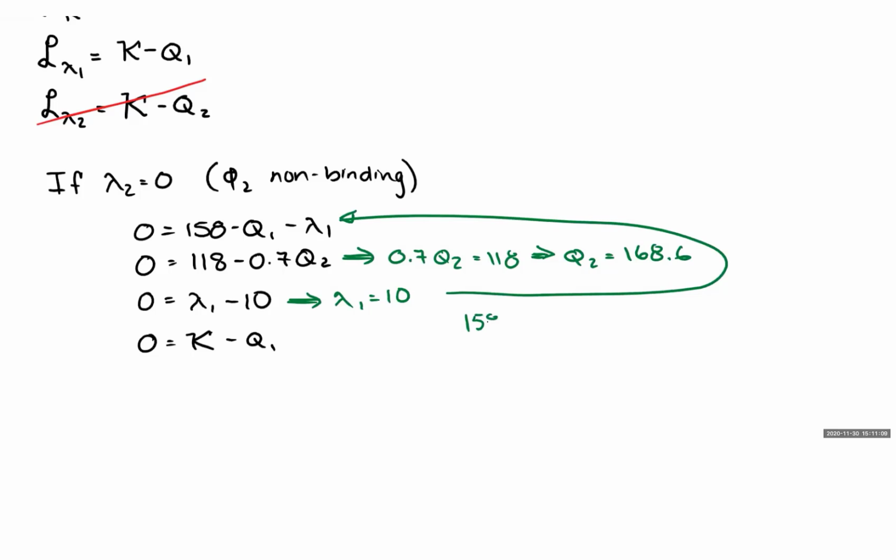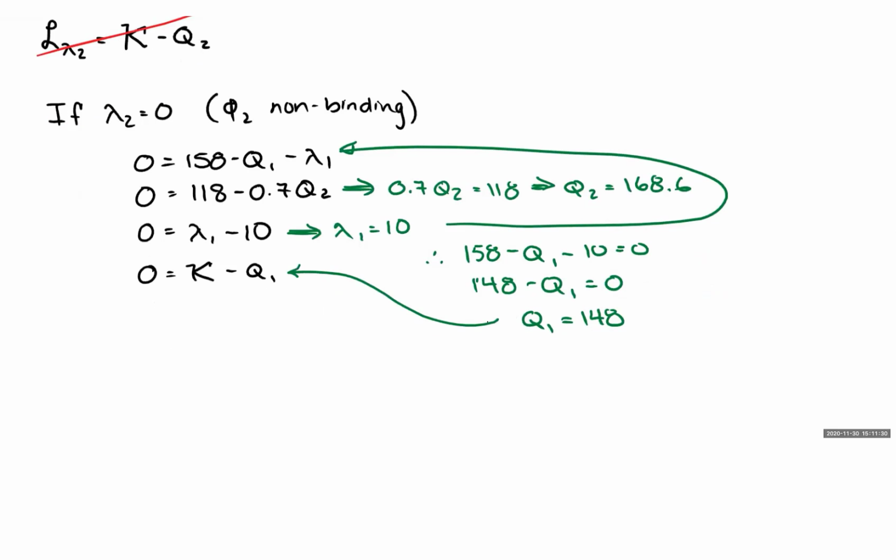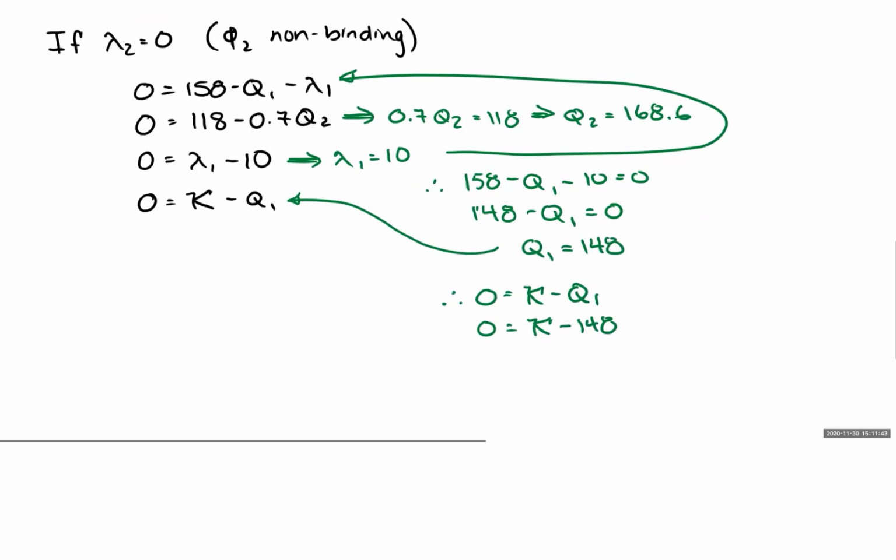I would get 158 minus Q1 minus 10, which gives me 148 minus Q1 is equal to 0. Q1 would be equal to 148. Subbing that into our last equation, I'd have 0 is equal to kappa minus 148. Kappa is equal to 148.